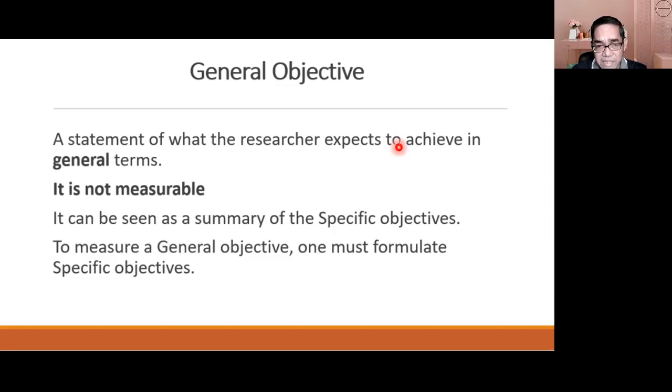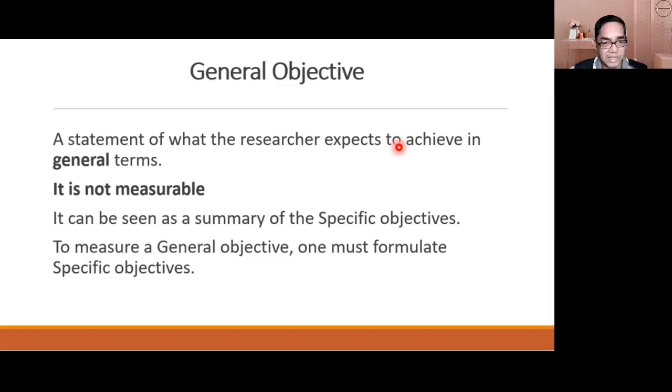They think that the general objective is the main objective, or some people look at it as the primary objective, and the specific objectives are secondary objectives, different from the general objective.